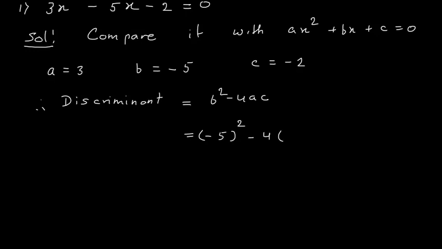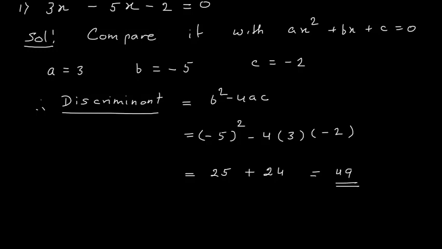The value of a is 3 and the value of c is minus 2. So this is 25 minus, it is plus, 4 times 2 is 8, 8 times 3 is 24. So 25 plus 24 is 49. So discriminant b square minus 4ac is 49.